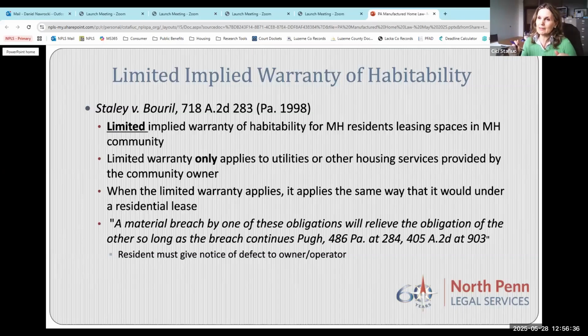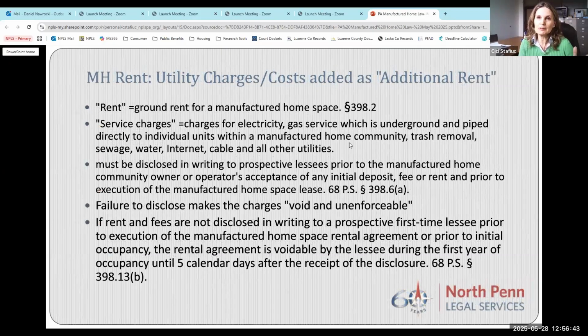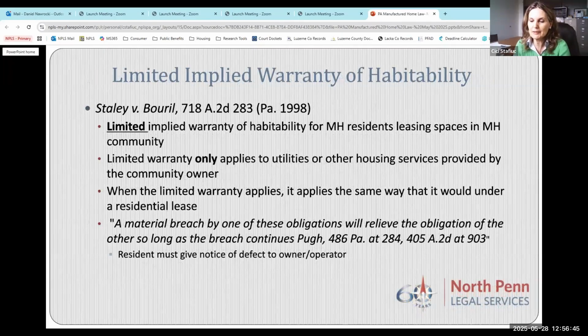You see that in parks where they have a well, so the park residents are being serviced with water from that well. So there is an implied warranty of habitability. It's like the one you have in a residential lease, but it's limited because it applies only in cases where the community owner provides utilities or other housing services.